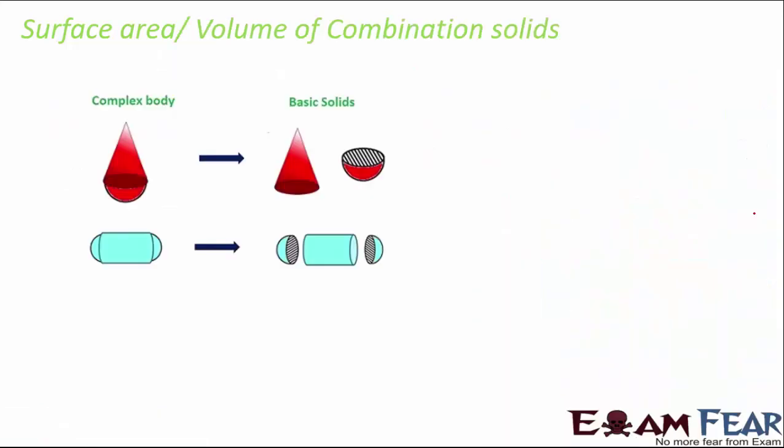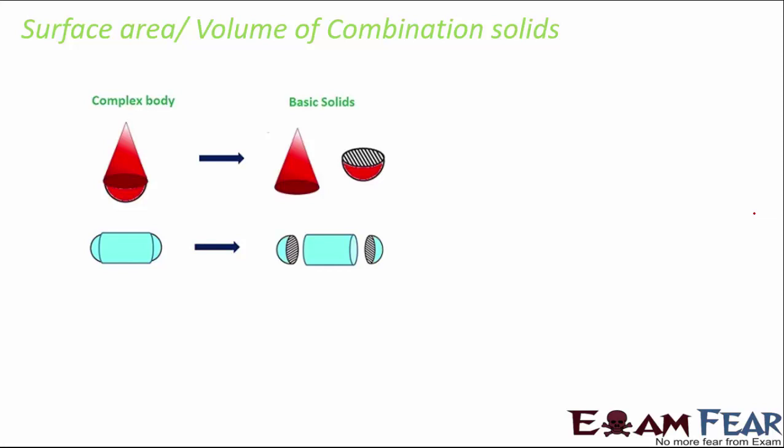Recap of a very important complex concept here, because from this lesson you generally get a combination of different shapes, and then you have to calculate volume or surface area. So one important concept here is that whenever you have a complex body, always remember that the complex body is made up of a combination of simple shapes.